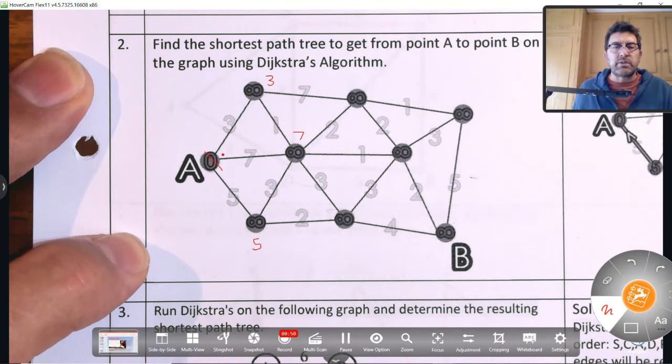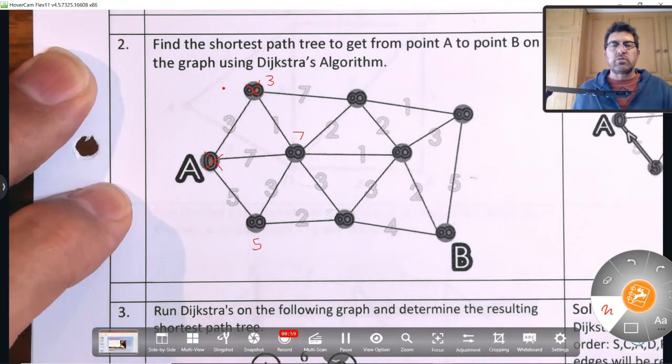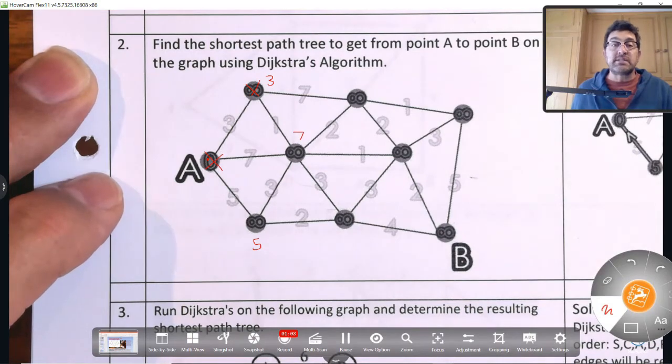We mark this one as visited, and then of the 3 we choose the one with the lowest weight to continue with. Now this is adjacent to 2 other vertices. We're not visiting this one because Dijkstra said once it's marked as visited, we don't go back.